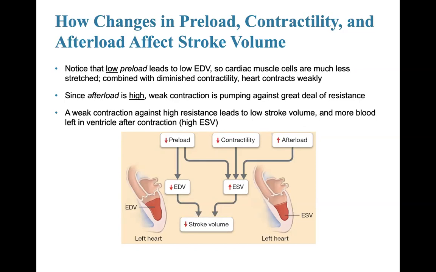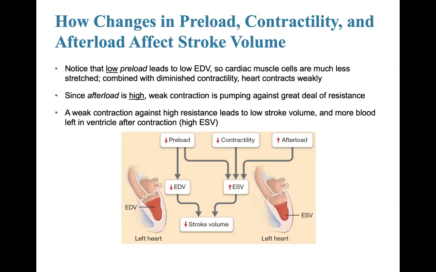Notice that a low preload leads to a low end diastolic volume. So cardiac muscle cells are much weaker, under much less stress, combined with diminished contractility, and overall the heart will contract weakly. Since afterload is high, presumably due to high blood pressure, the weak contraction is pumping up against a great deal of resistance.